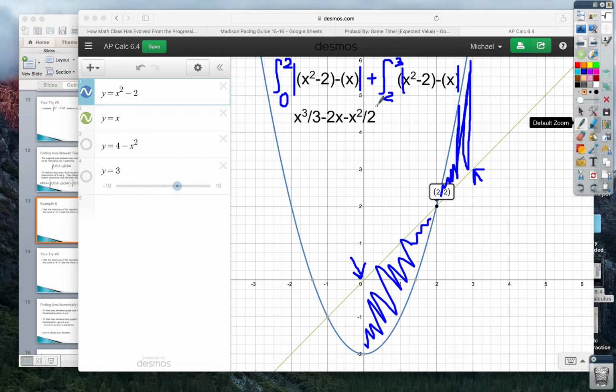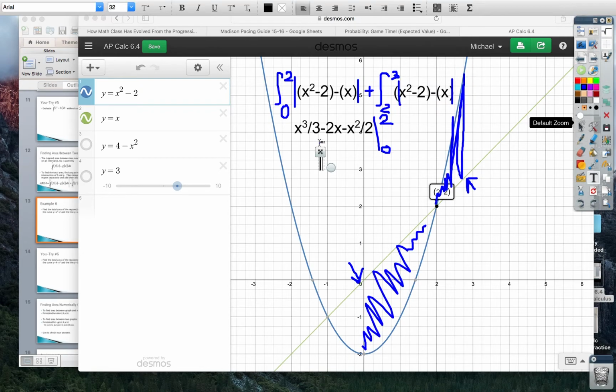And then remember, we're integrating this from 0 to 2. And so what's going to happen there is we are going to get the absolute value of negative 10/3 on the left side. And we add the right, we are going to get 11/6.